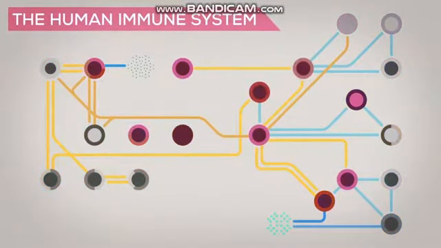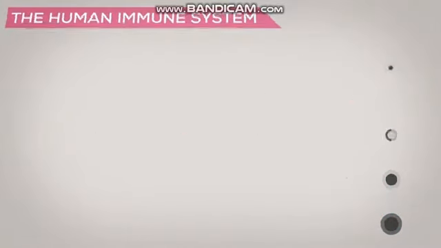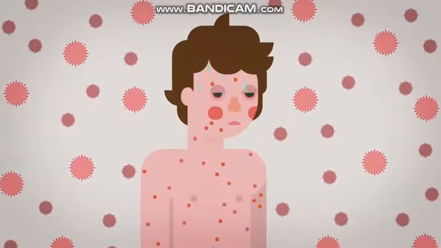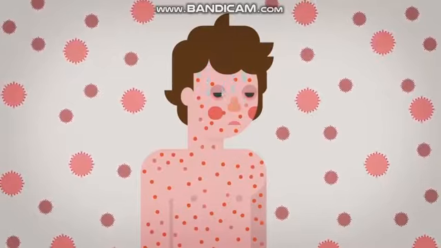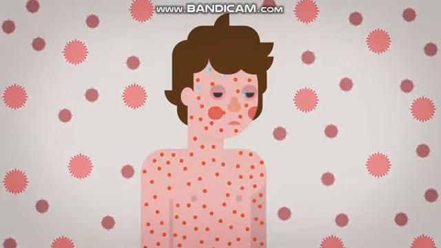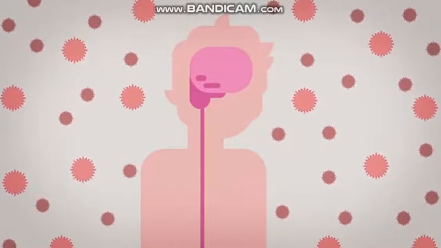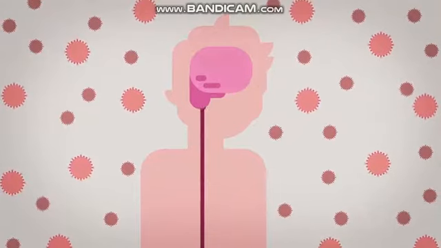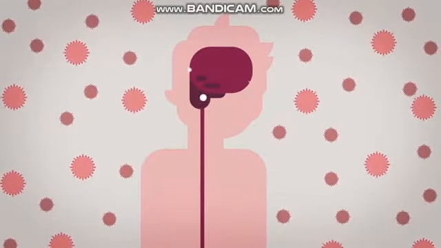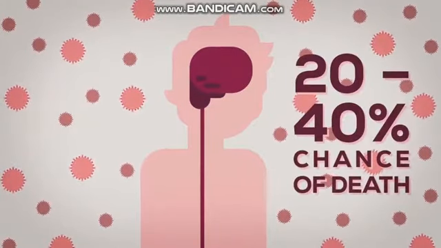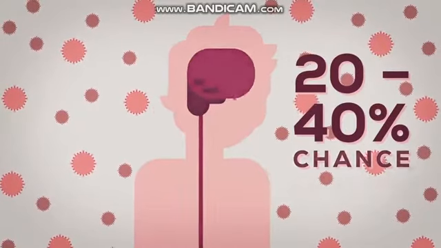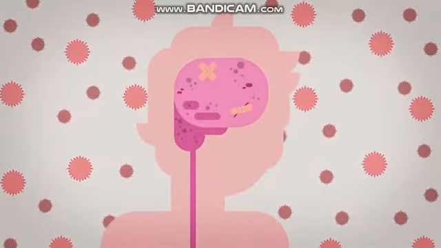Various protective systems are hurt and disrupted. The virus spreads everywhere, infecting the skin all over the body. The typical measles rash now becomes visible. And in some cases, the measles virus reaches the brain and causes a brain infection. If it does so, the chances of dying are between 20 to 40%, and there may be long-term damage.